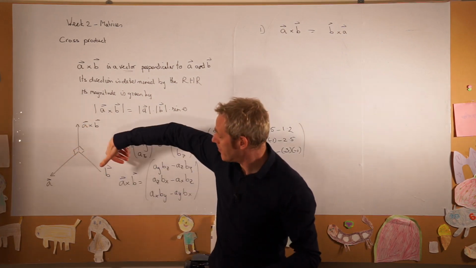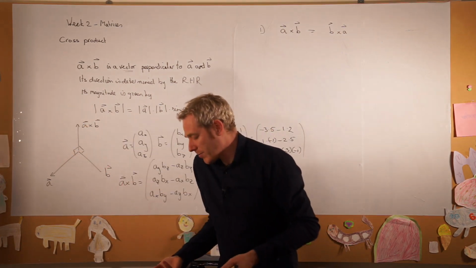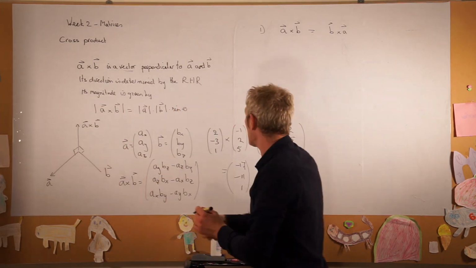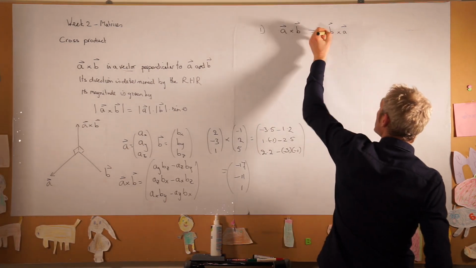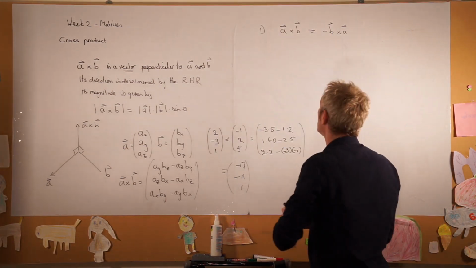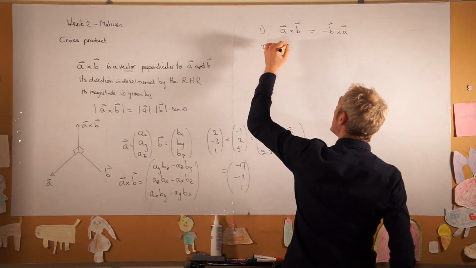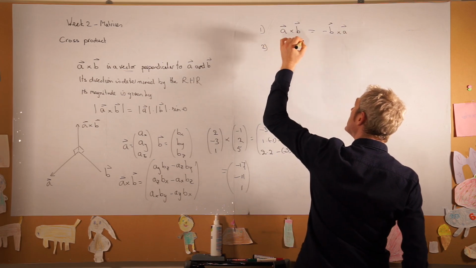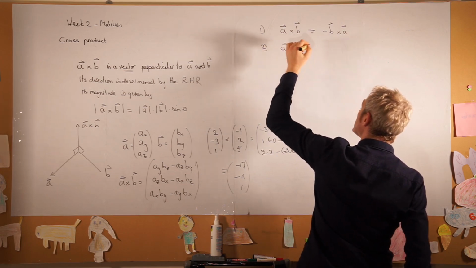But if I start at B, curl them to A, my thumb goes down. This is a bit hard to show, but the direction will be reversed. So the cross product is not commutative. It does, however, have the property of distributivity.